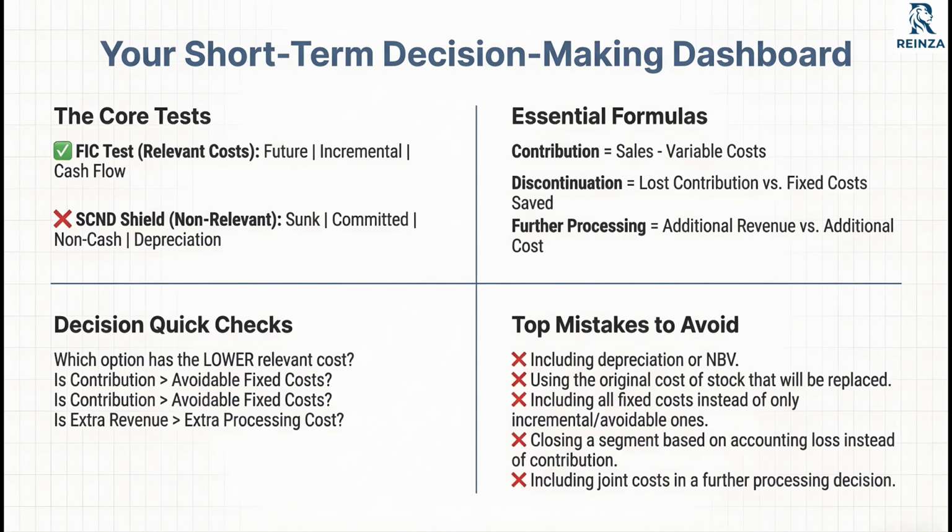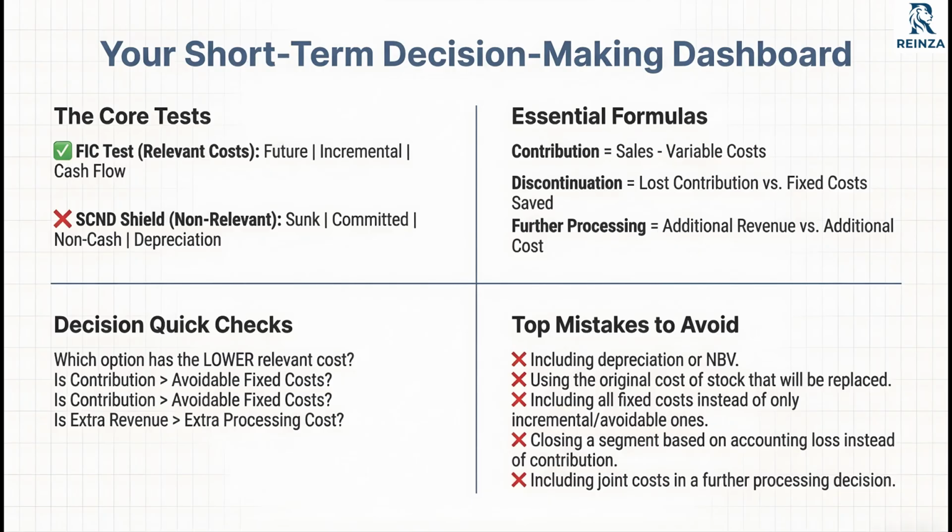Third, the quick checks for each decision type. For make or buy, ask: which option has the lower relevant cost? For discontinuation, ask: is contribution greater than avoidable fixed costs? For further processing, ask: is extra revenue greater than extra processing cost?